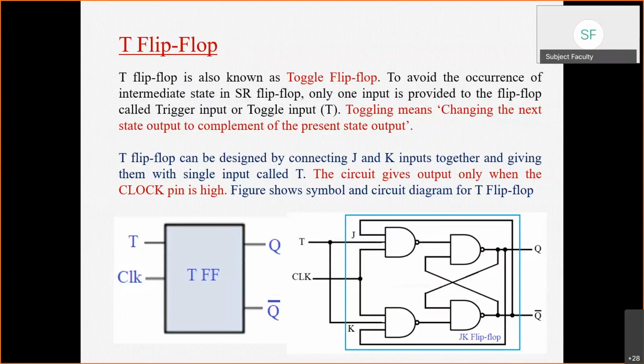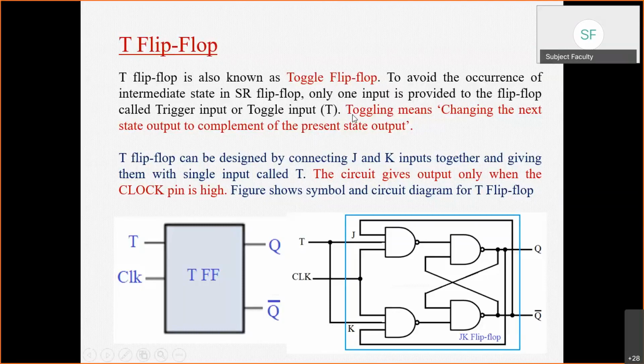From data, right? So to avoid the occurrence of the intermediate state in the flip flop, only one input is provided to the flip flop. Sometimes it is called the trigger input or toggle input. Toggling means changing the next state output to the complement of the present state output.